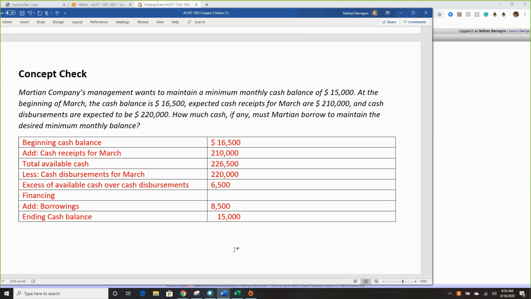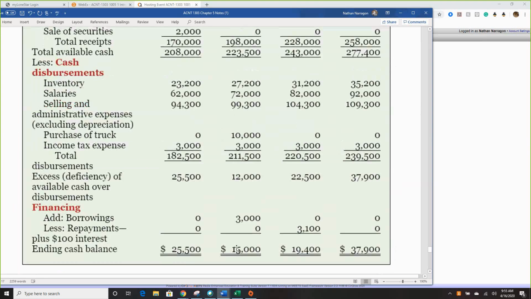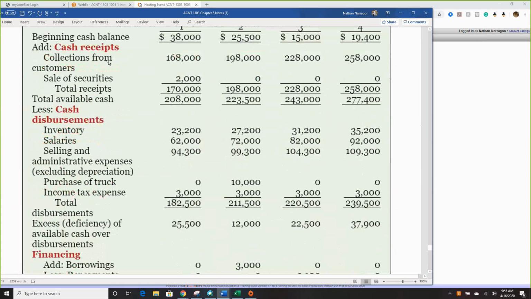Budgets are not terribly tough. It's really just piecing it together with the information provided. So remember, always add your cash receipts. That's the first thing. And this can be multiple items, just like the example was. Wherever cash came from, that increases our cash balance.